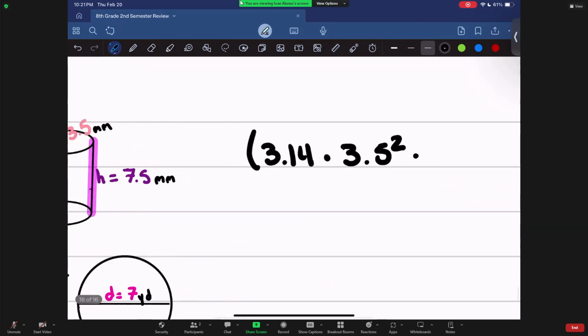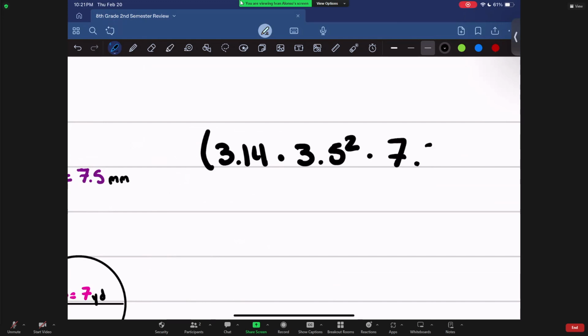Then times height, 7.5. Once again, gotta do the exponent first, even though there's parentheses. Oh, I'm mistaken. It's 12.25. But it's good to always check your work rather than just assume.